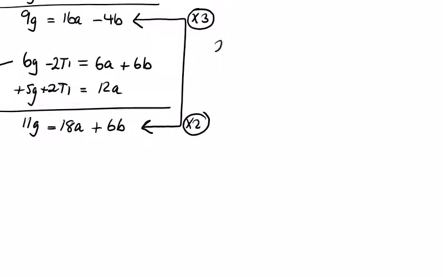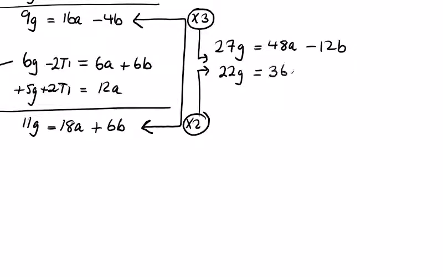So we're going to get 27g is equal to 48a minus 12b, and with this one here we're going to get 22g is equal to 36a plus 12b.